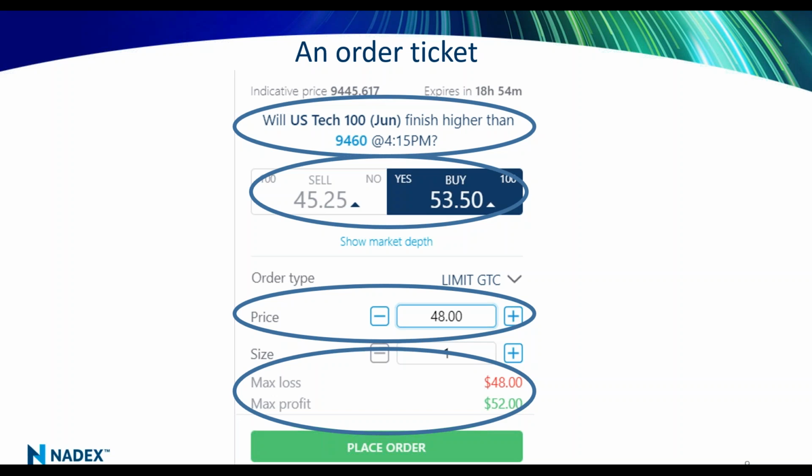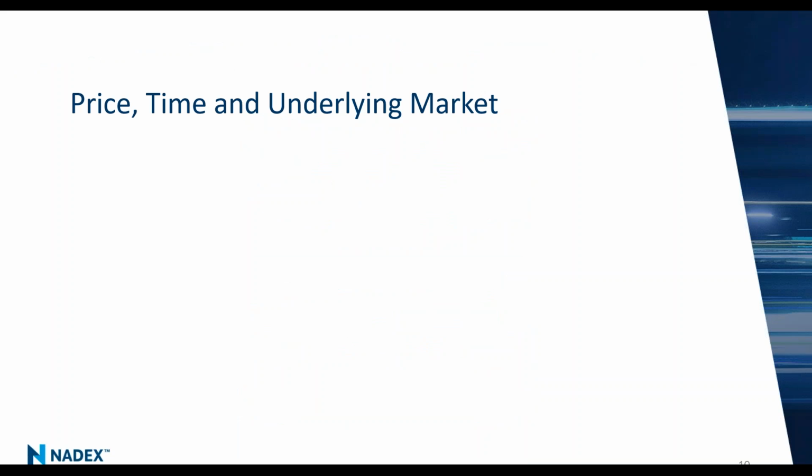If I buy one at 48, the worst case scenario is it's false and it goes to 0, and I would lose $48. If I bought one at 48 and it went to 100, I was correct and the statement is true, I would make $52. So I'm risking 48 to make 52. Hopefully you're clear on that on the order ticket.